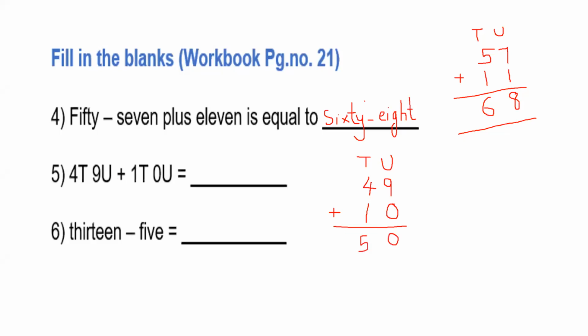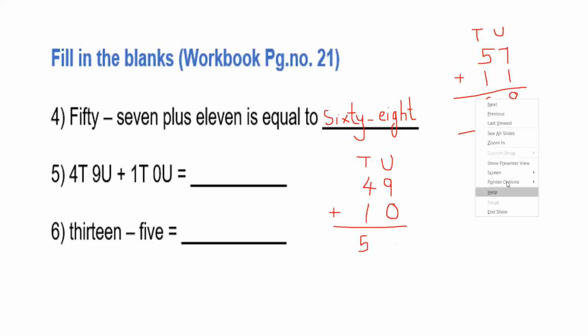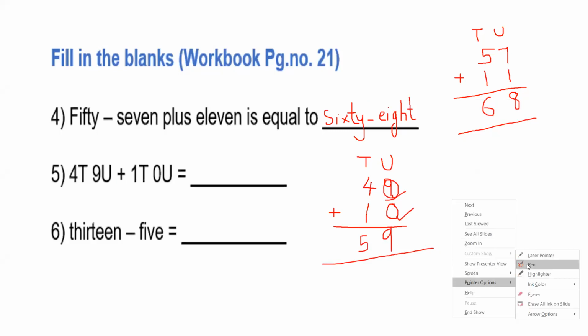Oh, sorry. 9 plus 0 is equals to 9. My mistake. 9 plus 0 is equals to 9. Always remember that whenever we add any number with 0, that number only will be the answer. So 9 plus 0 is equals to 9. Answer is 59. Let us do it again.